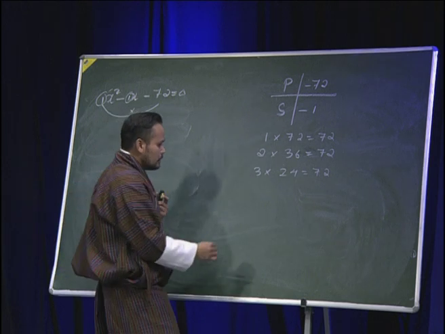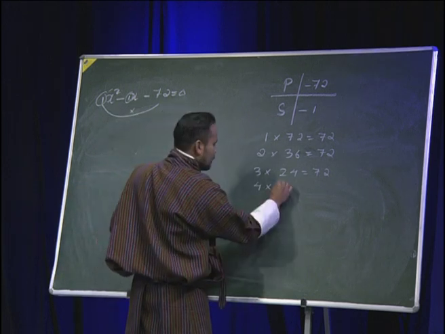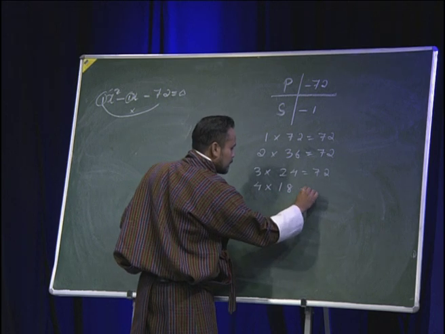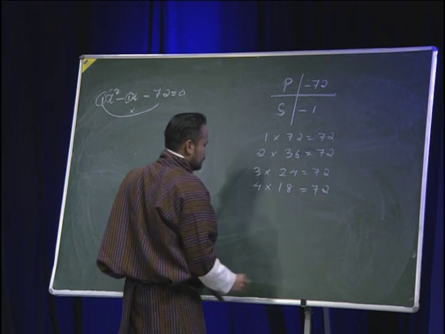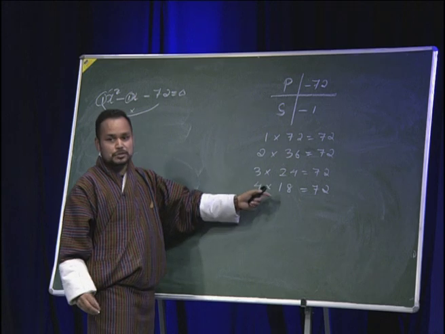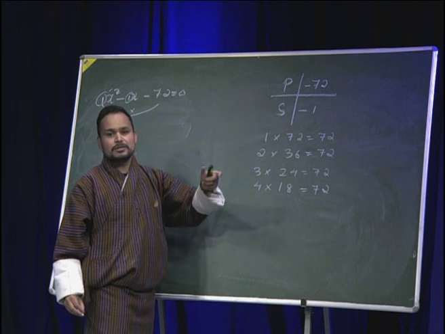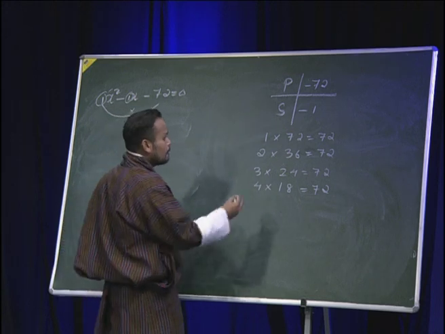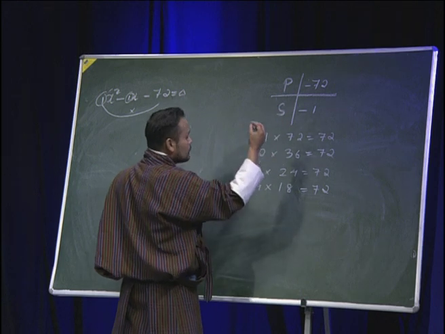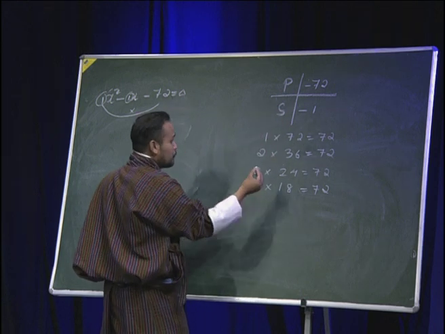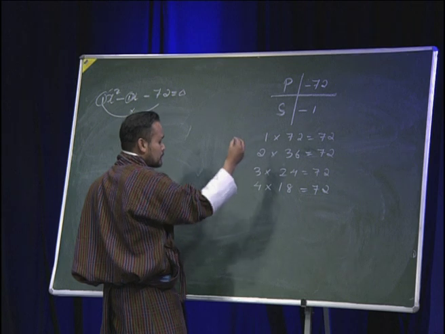Okay, let me proceed. 4 times 18 will be equal to 72. Can you use these two numbers to get negative 1? Still you cannot use them. Let me proceed. 5 is not a factor of 72.